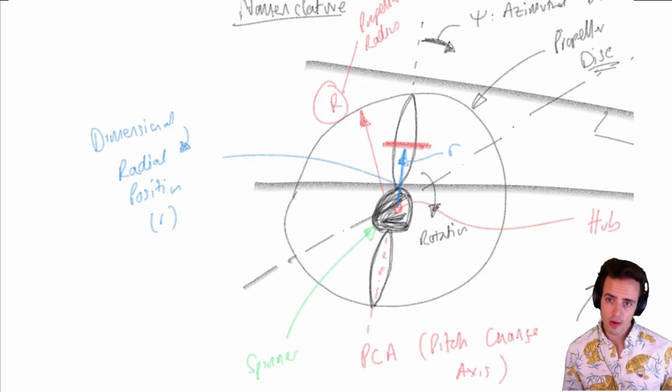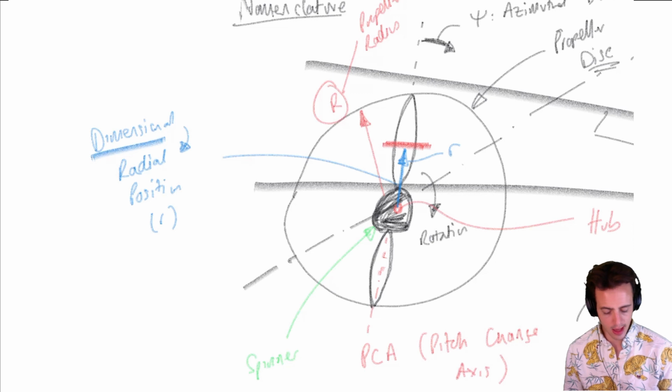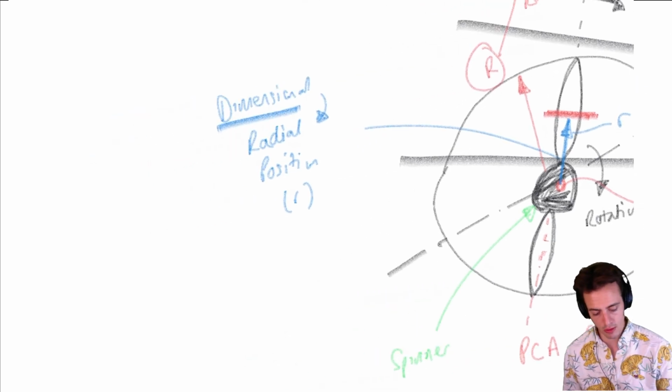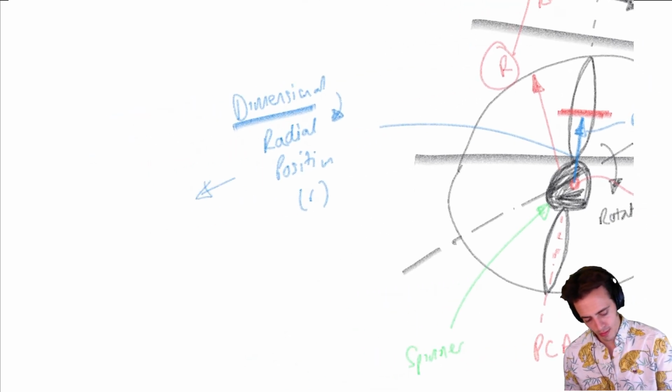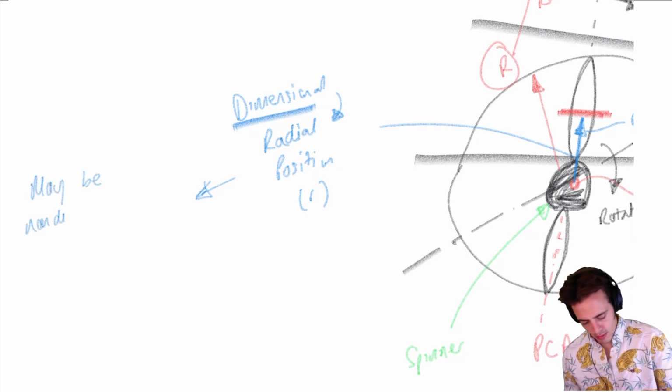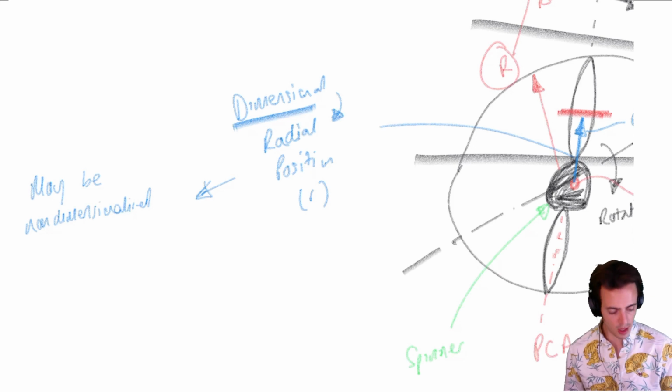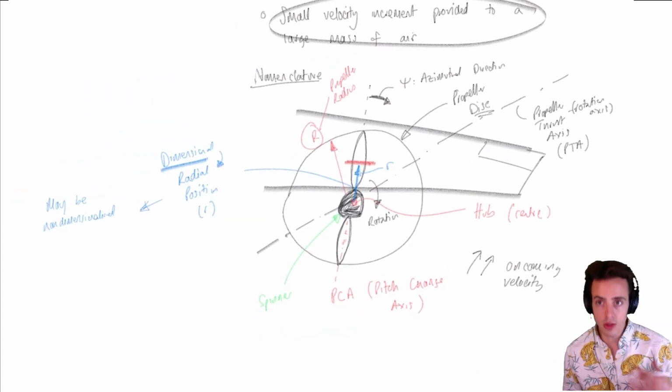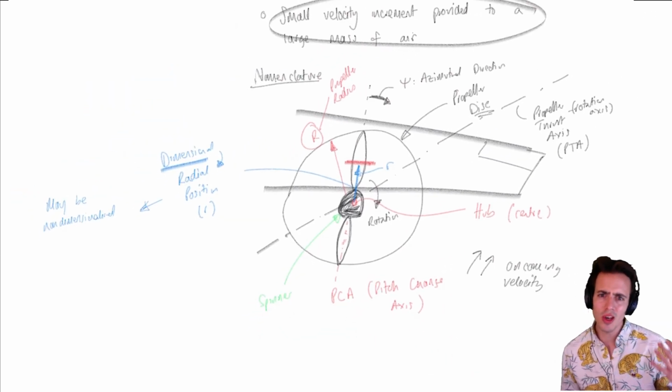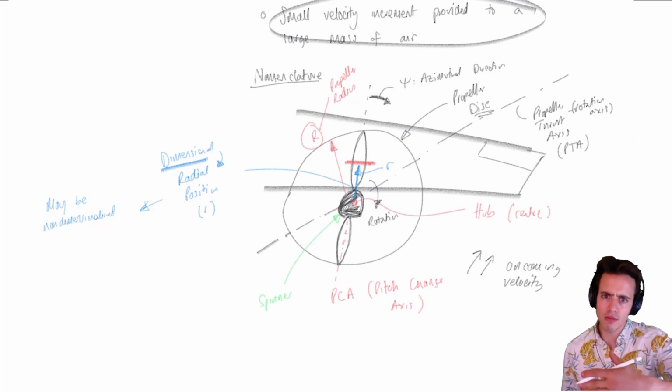But in a lot of legacy propeller texts, we'll define it in a non-dimensional form. So if we're going to non-dimensionalize our radial ordinate, it would make sense to make it go from 0 to 1. So 0 at the hub to 1 at the tip.